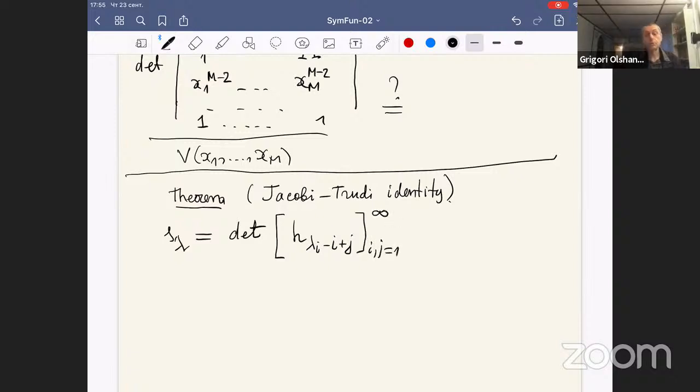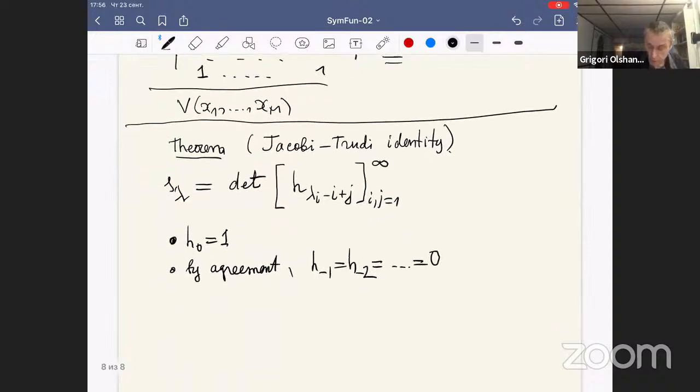First of all, I have to explain what exactly this means. So, first of all, I recall that h0 is equal to 1. Next, by agreement, we assume that the h functions with strictly negative indices are equal to 0.